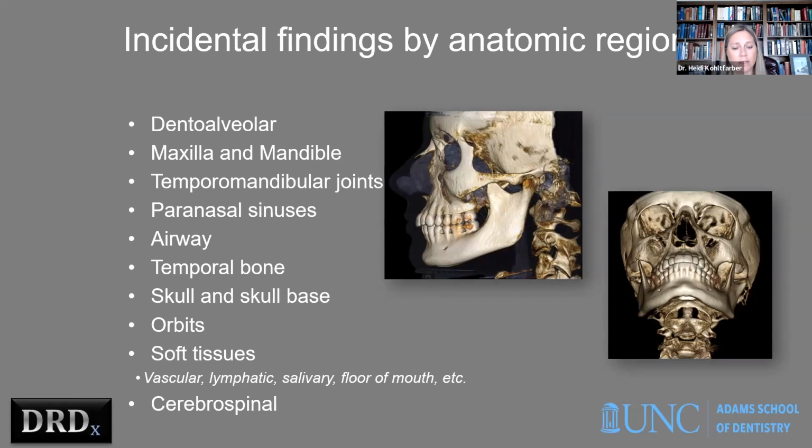We do see a lot of things there, but I'm going to skip that for today because I really want to show you some cool cases that we've seen within the skull and skull base, orbits, soft tissues. I've got to hit the soft tissues today because you will see so many things within the soft tissues, and definitely the cervical spine, because when you open up, especially your large volumes, that's the first thing you're going to see in your MPR view. So I want to talk about that as well today.